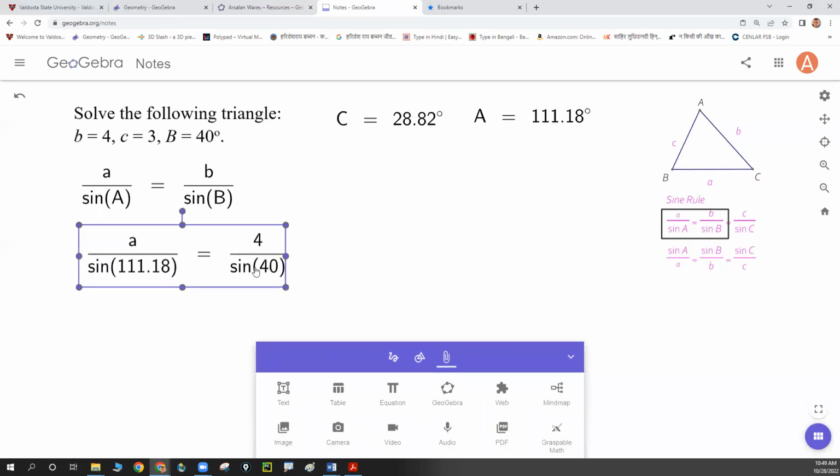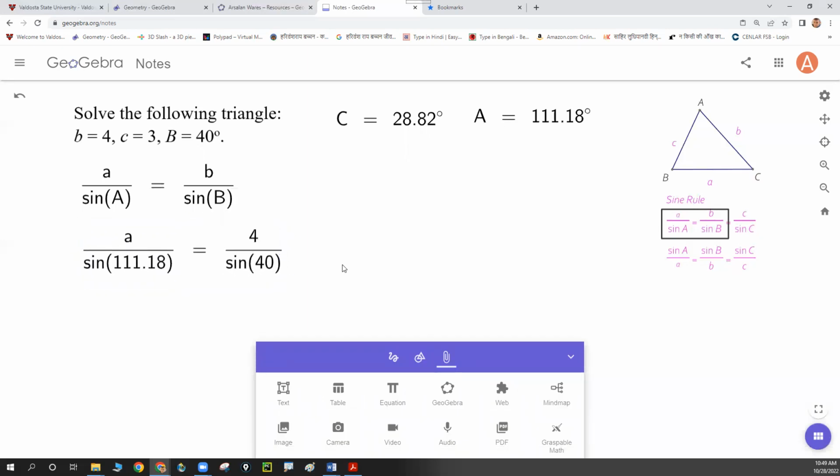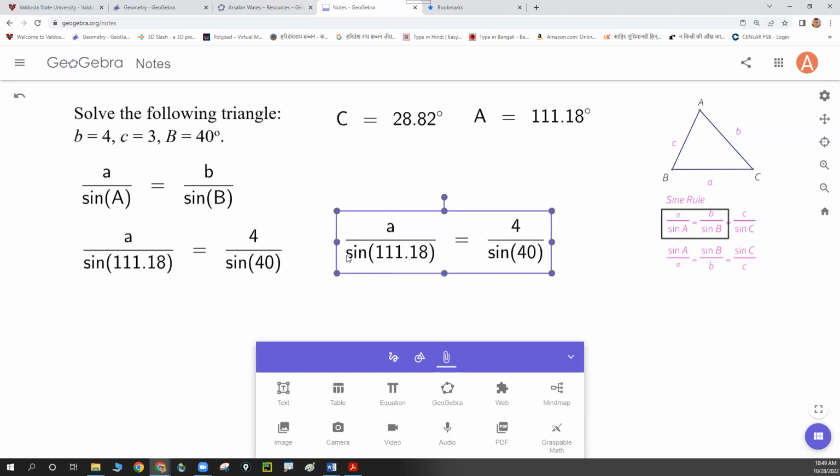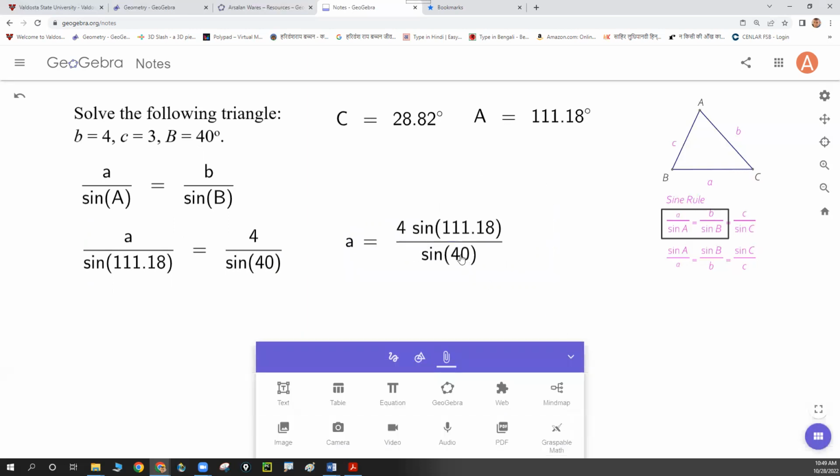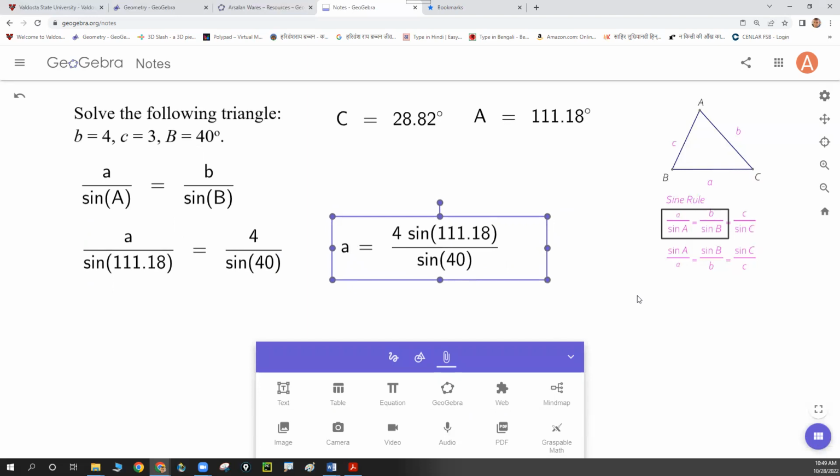Now I'm going to multiply both sides by sine 11.18. This will be gone, and this will be on that side. And this side will only have an a.